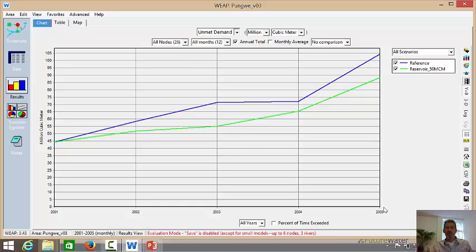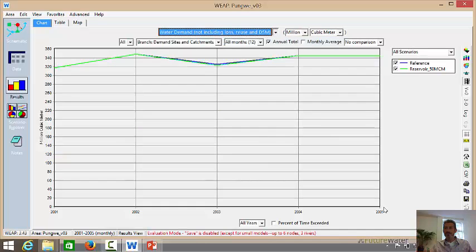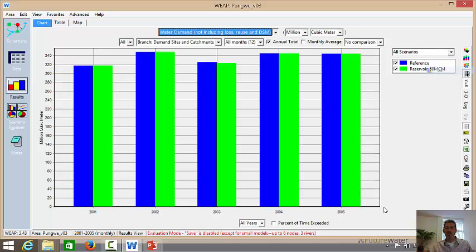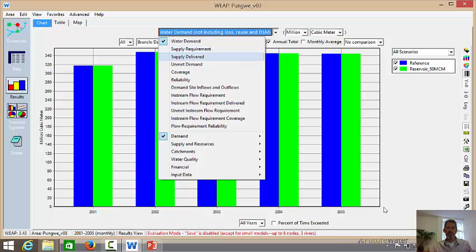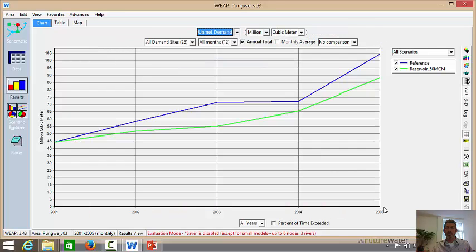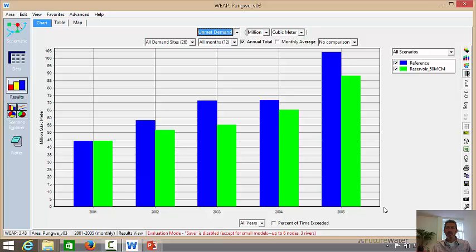Let's first go back to the demand, and I prefer to put it as graphs, as bars. Of course, there will be hardly any changes in demand because we didn't change anything. But interesting is to have a look at the unmet demand. Again, I plot it as bars, and you see something interesting.